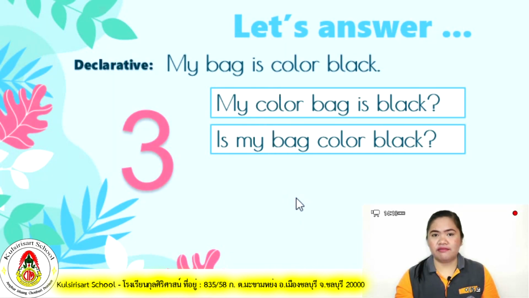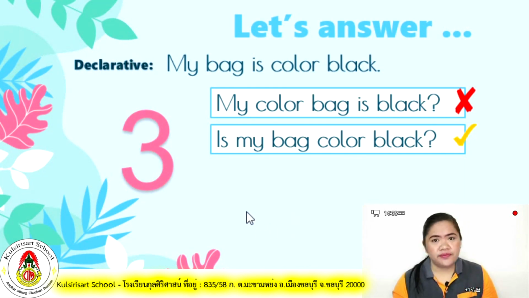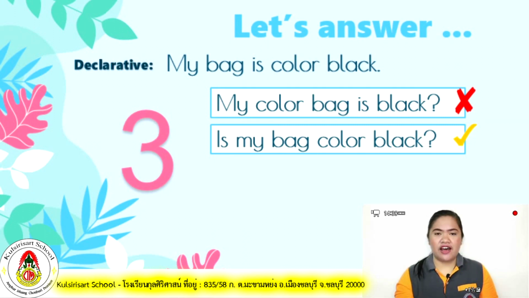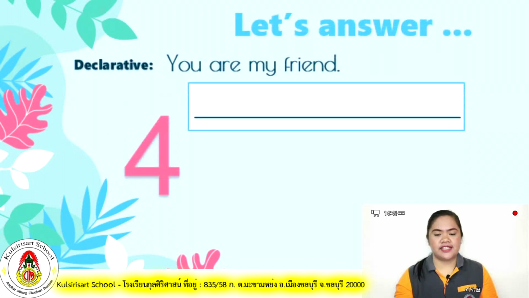Sentence number 1? Well, let's try. Sorry, you're wrong. The correct answer is sentence number 2. Is my bag color black? Again, how do you read this question? Okay, very good.